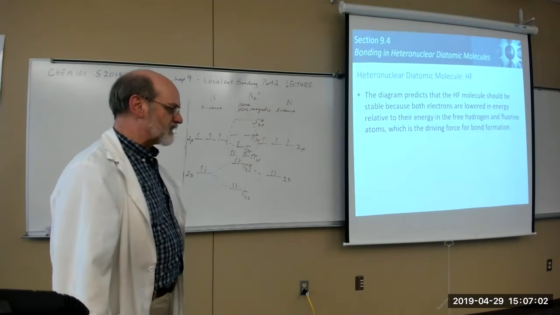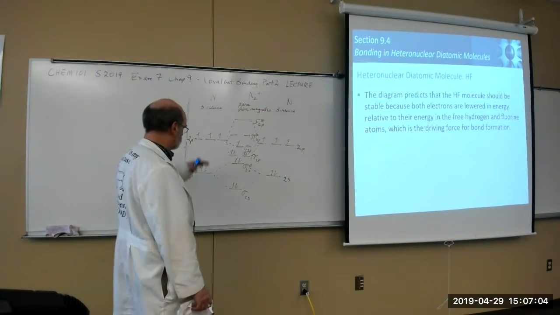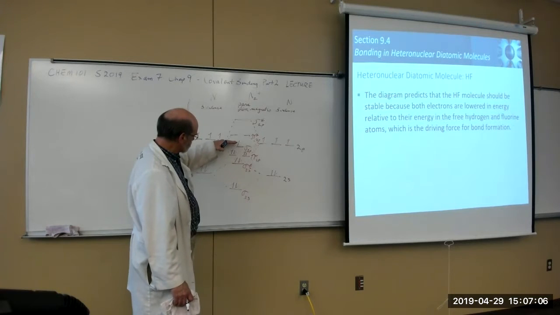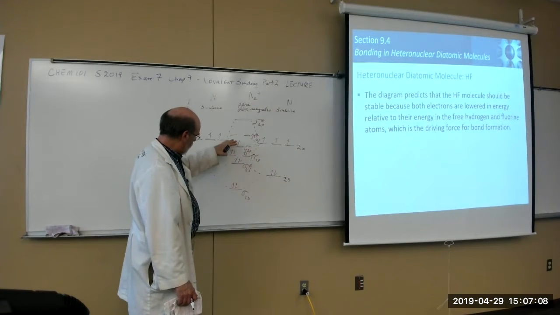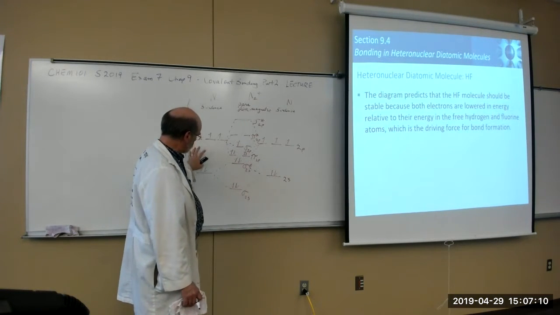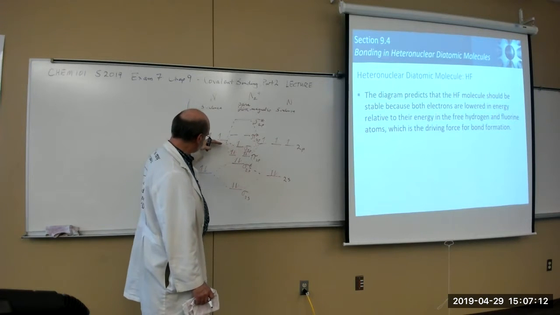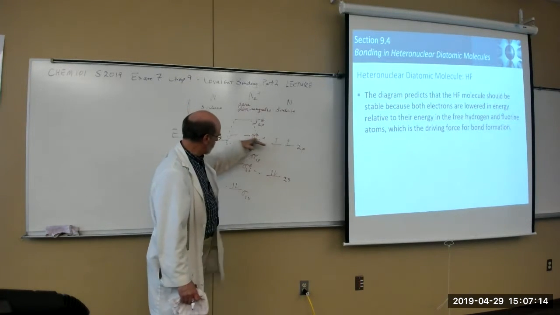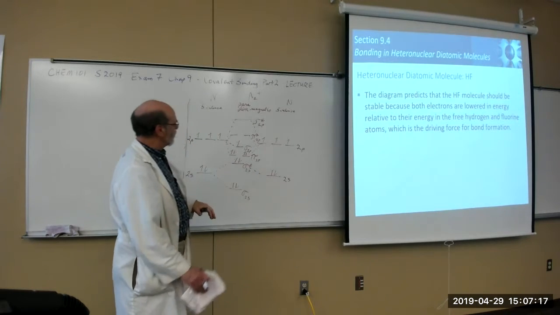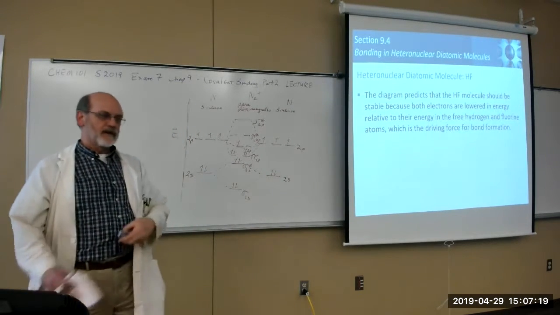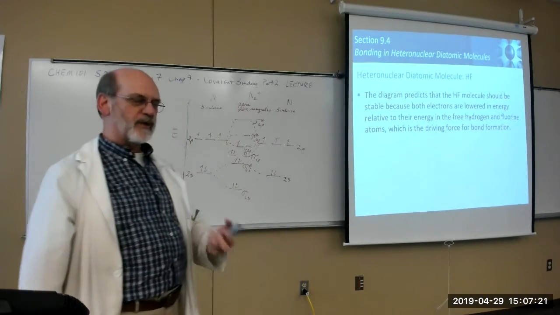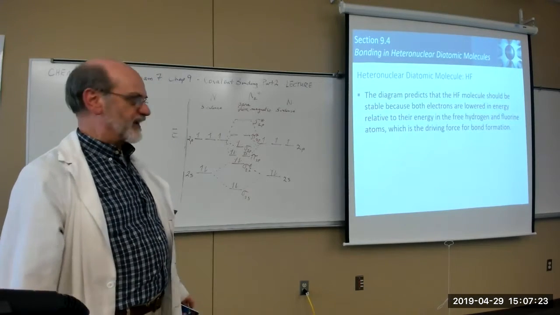So that stability, that lower energy level here, notice all these electrons are in aggregate lower than these. None of them exceed the energy level of this highest level. So that implies stability, in addition to the stability that's implied by the bond order.